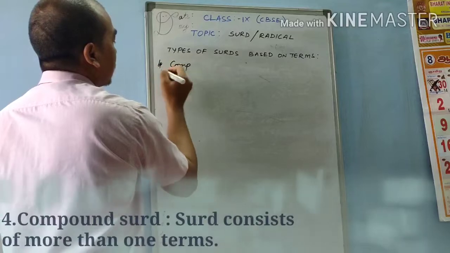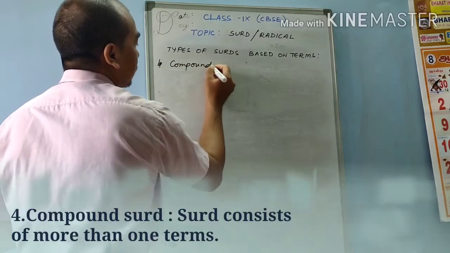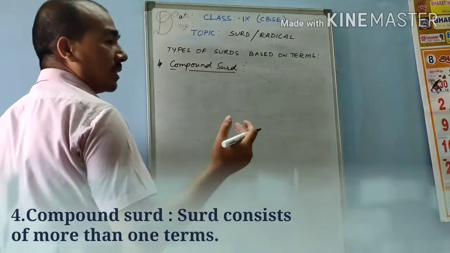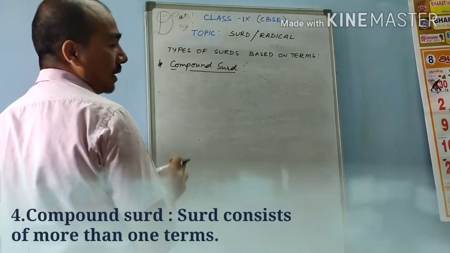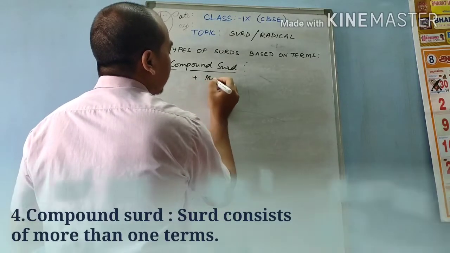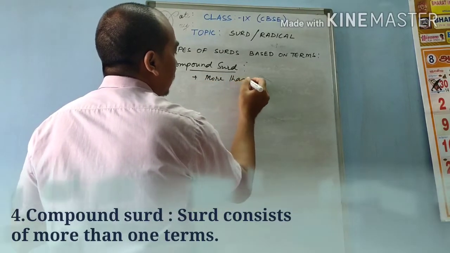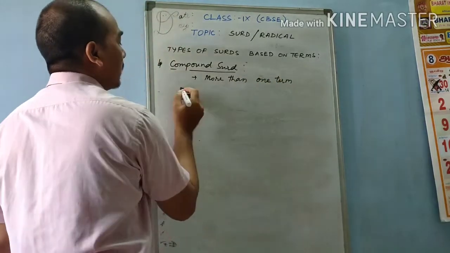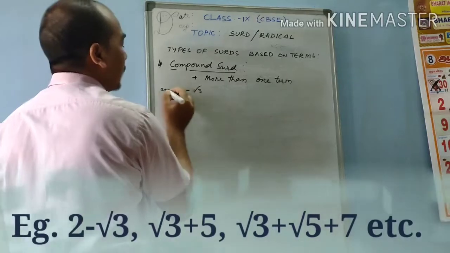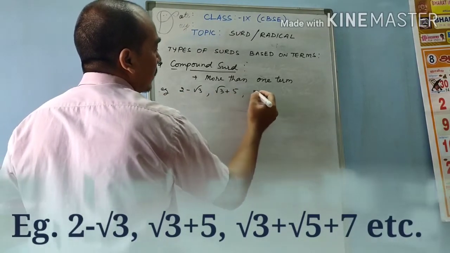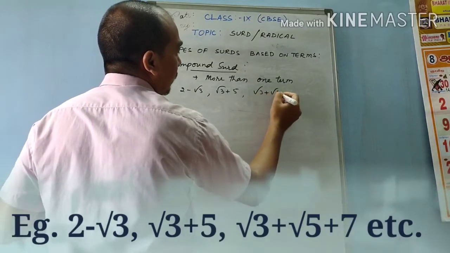Okay. Fourth one is compound surd. Monomial surd means consisting of one term, but compound surd means more than one term. Example, 2 minus root 3, 3 plus root 3, 5 root 3 plus root 5 plus 7.